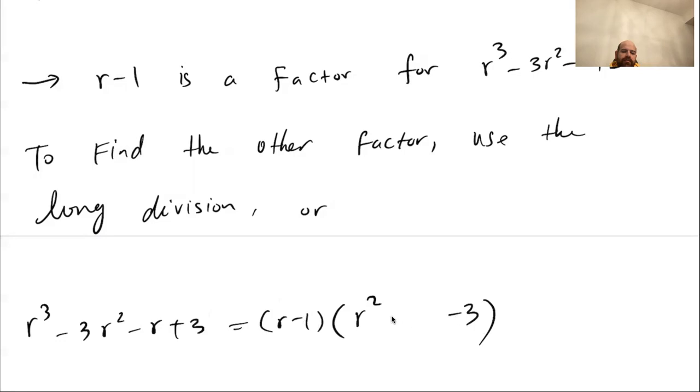And what coefficient should I write for r? If I write, for example, plus r, this gives me minus 1r squared here, but I need minus 3r squared. So this should be how many r?